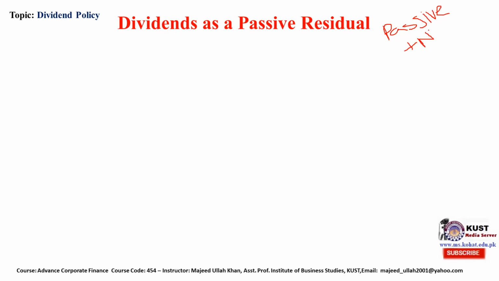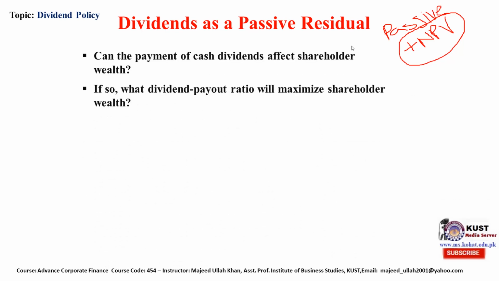Whatever is left, the residual, is then distributed among the shareholders. While in active policies, these positive NPV projects are not considered first. They first consider that dividend should be paid to the shareholders. So dividend is a passive or residual policy.